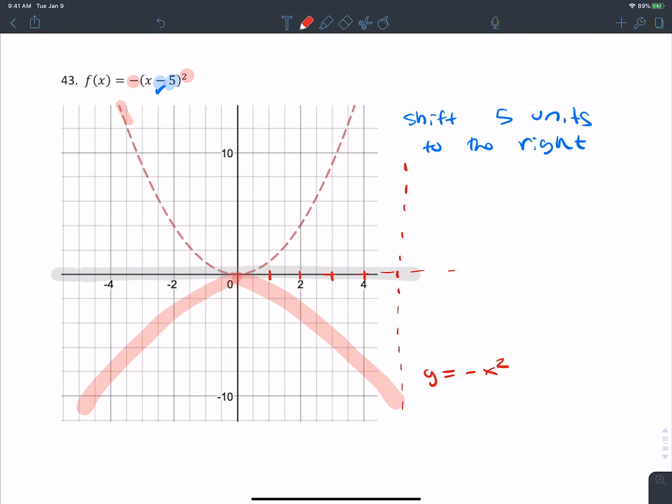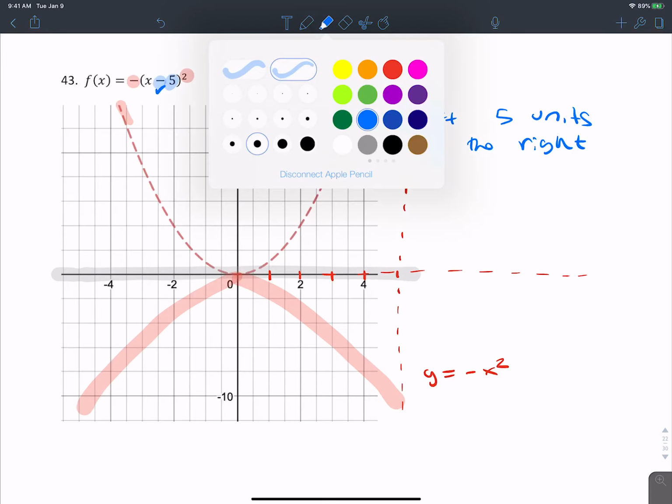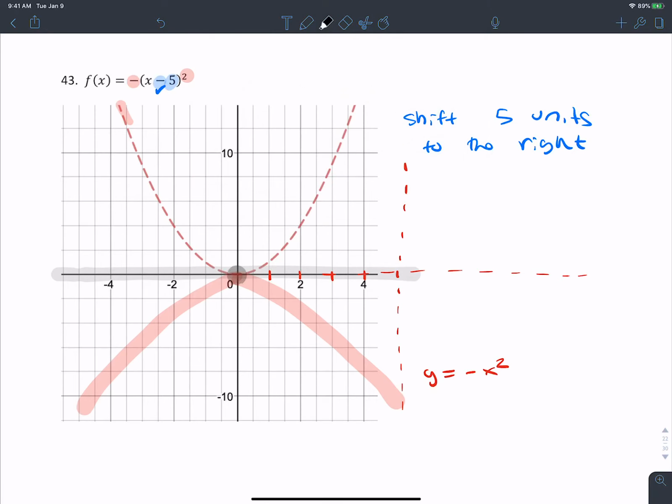Shifting the x-axis 5 unit has no effect. So this in some sense is my new y and x-axes. And I can handle that now. I can actually draw the curve. So my new vertex, let's go over here, is the origin is moved to the right 1, 2, 3, 4, 5 units only.